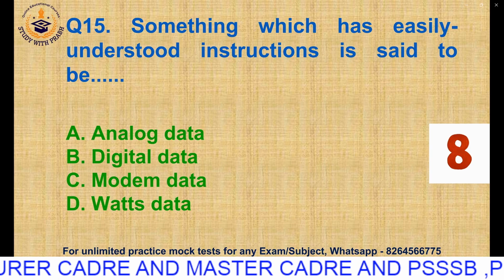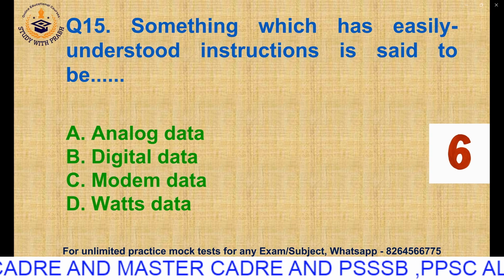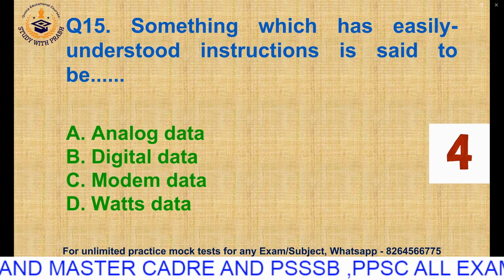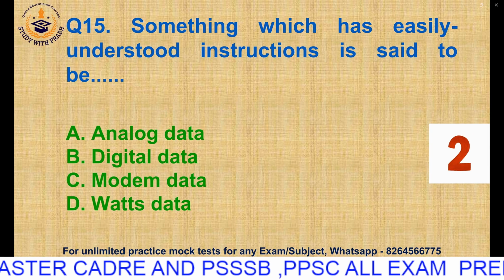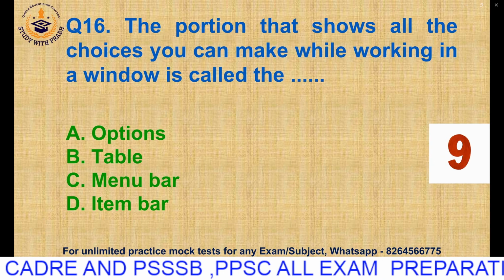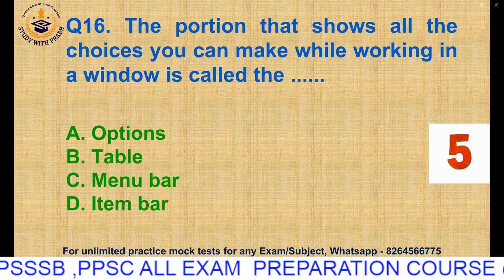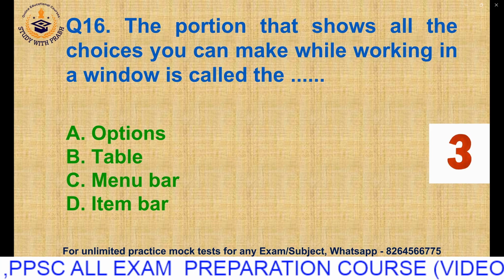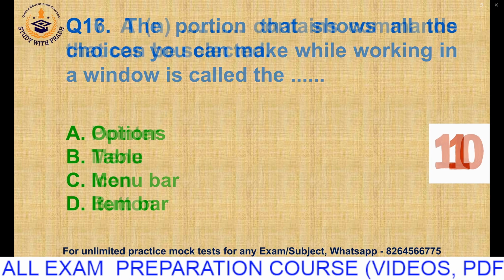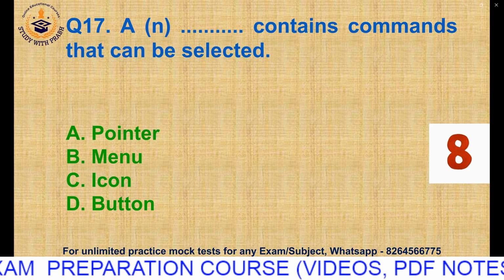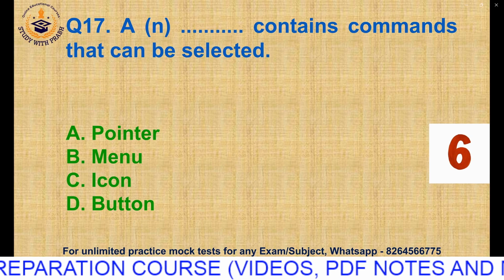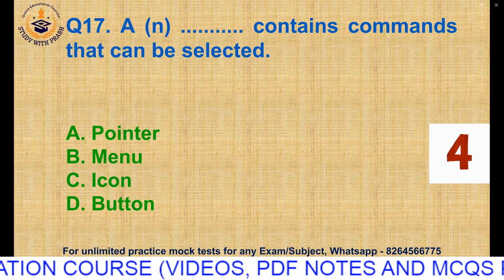Something which has easily understood instructions is said to be. The portion that shows all the choices you can make while working in a window is called the. A or an dash contains commands that can be selected.